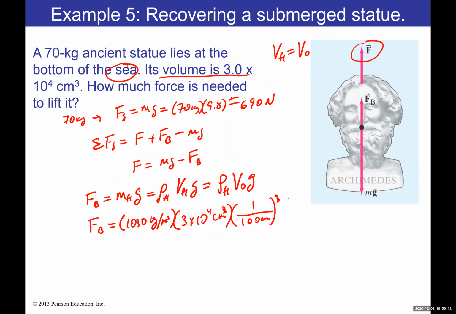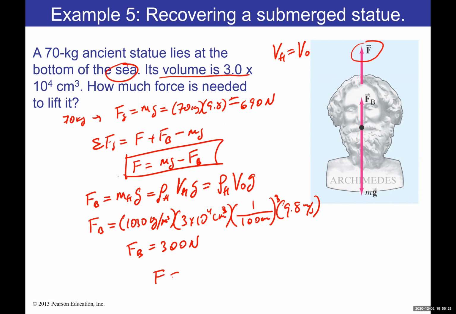So then we can cancel that, and times 9.8 meters per second squared. So I can calculate the buoyant force to be roughly 300 newtons. Then this force is going to be equal to 690 newtons minus 300 newtons. So here, more or less 390 newtons.